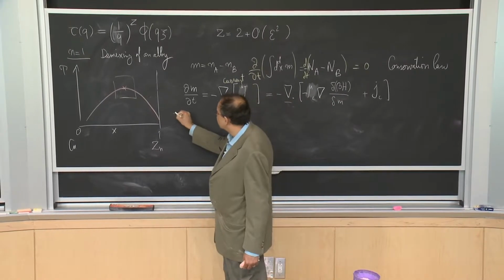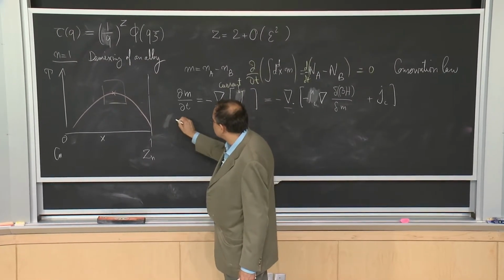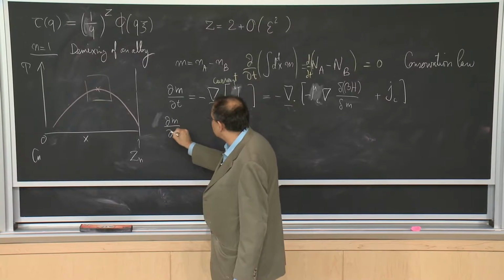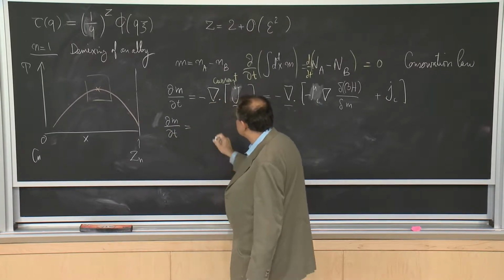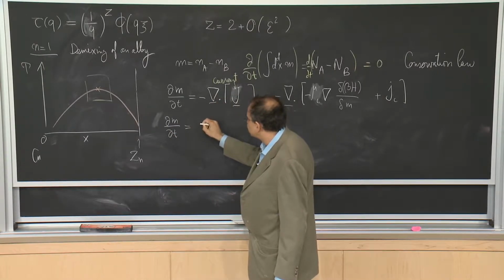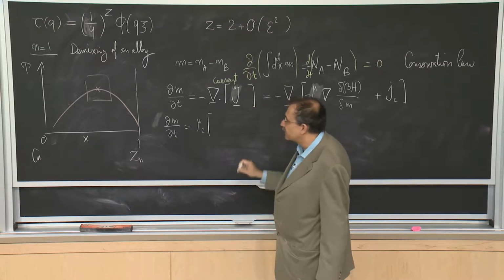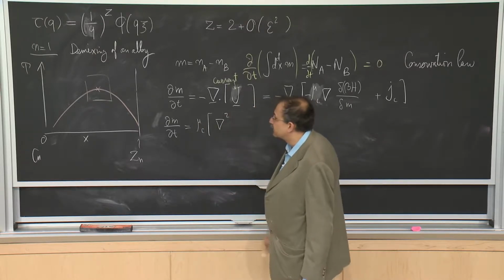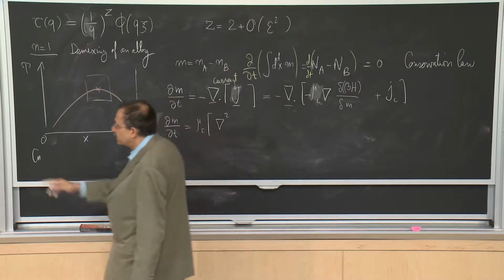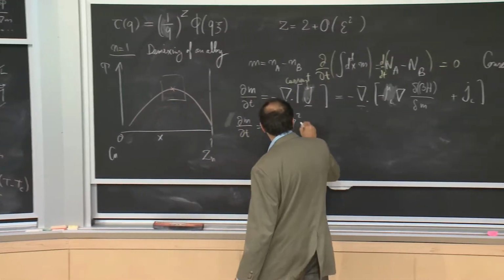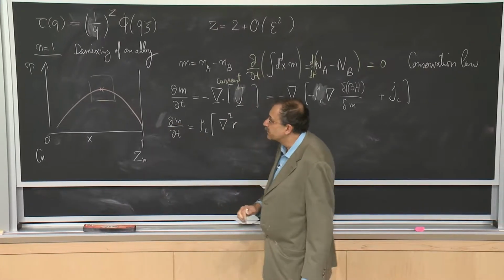So it will be something like this: dm by dt is mu c, and then I would have Laplacian of r m rather than r m itself.